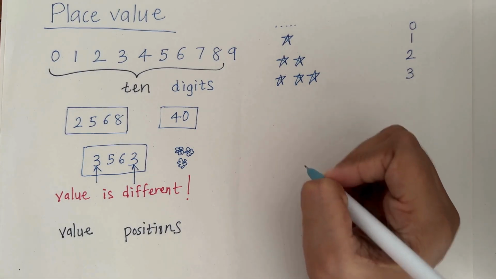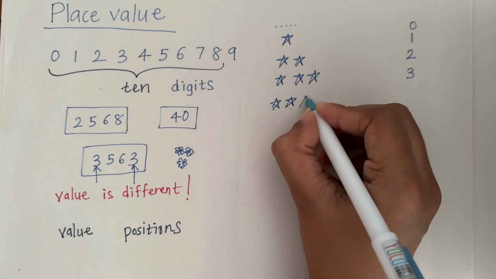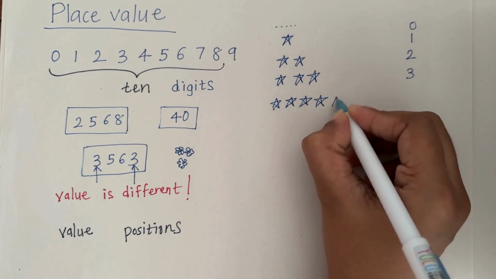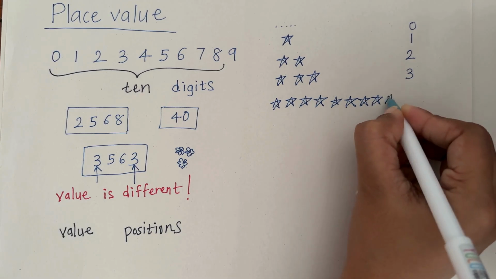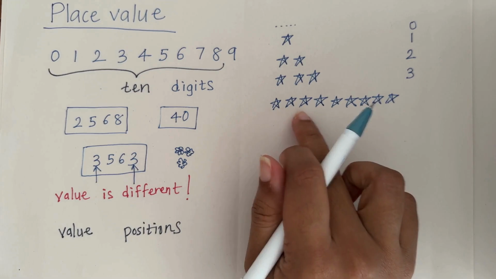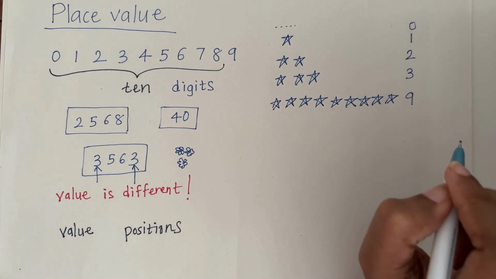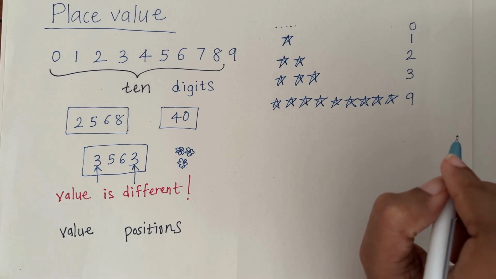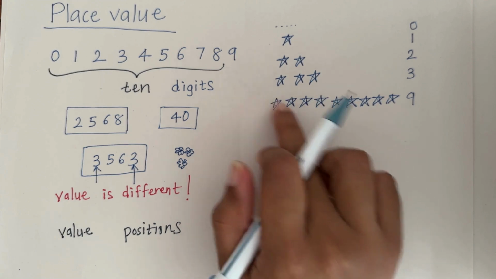Likewise now we have 9 stars: 1, 2, 3, 4, 5, 6, 7, 8, 9. 9 stars. A single star we represent by this single diagram.